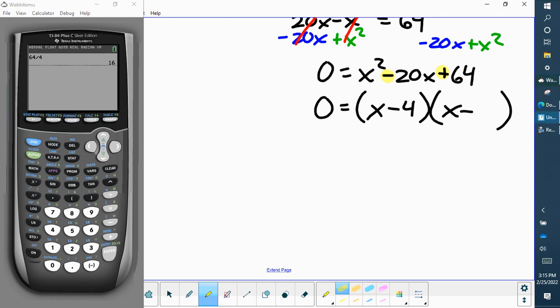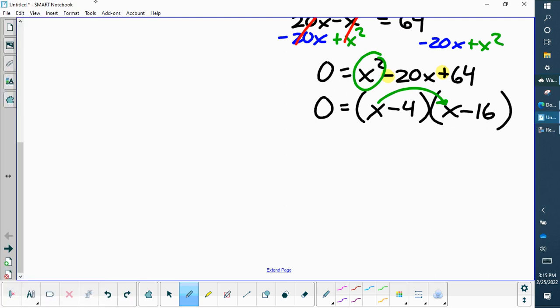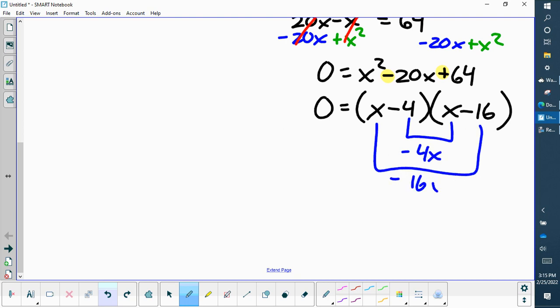So 4 and 16. I don't waste my time checking the firsts, since I know that's going to produce x squared. I don't waste my time checking the lasts either, since I know that's going to produce positive 64. But I do check the outers and inners. That's negative 4x. That's negative 16x. They would produce negative 20x, so it factors correctly.